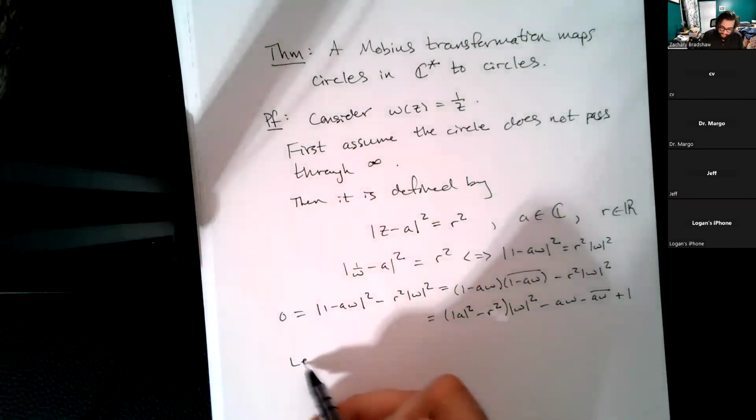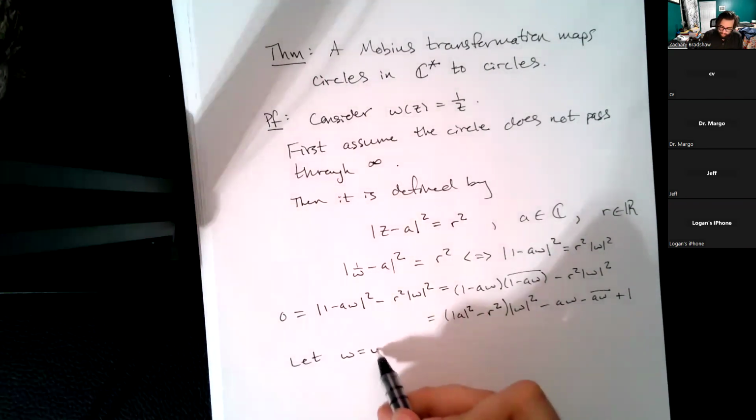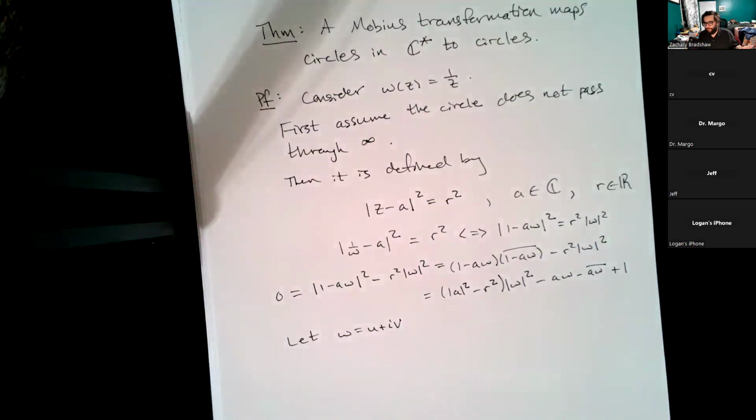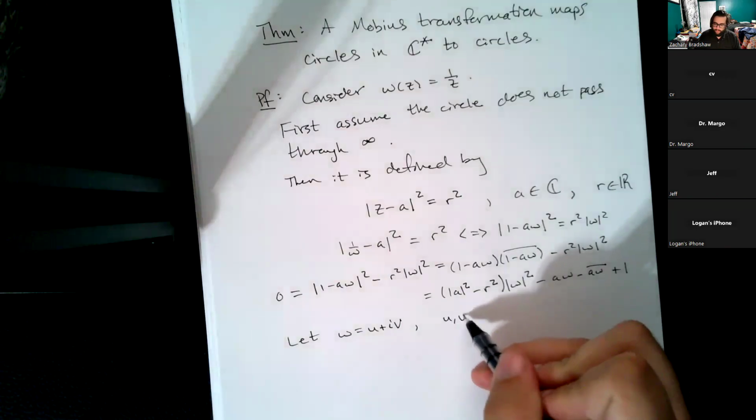So now we'll let w be u plus iv, right? w is a complex number. We can split it into its real and imaginary parts. So nothing special going on here. u and v are real.